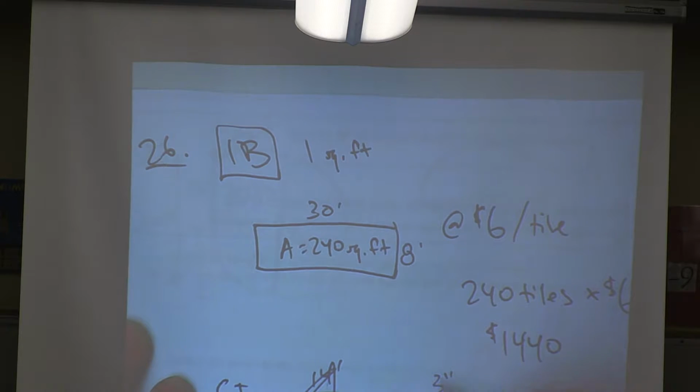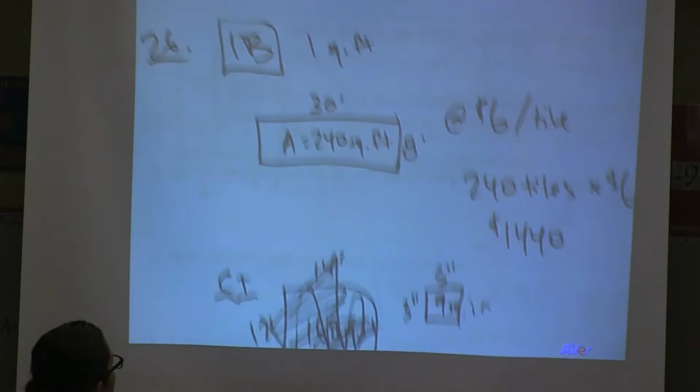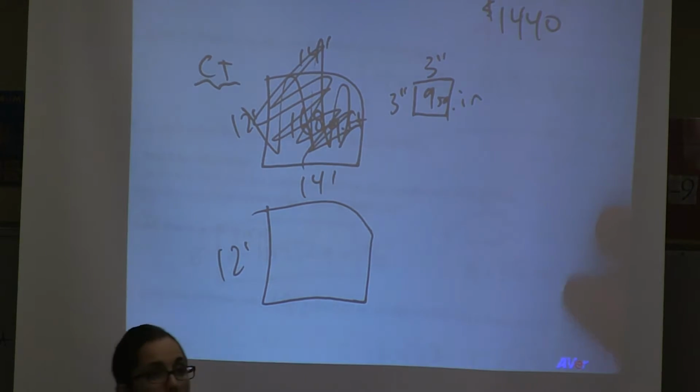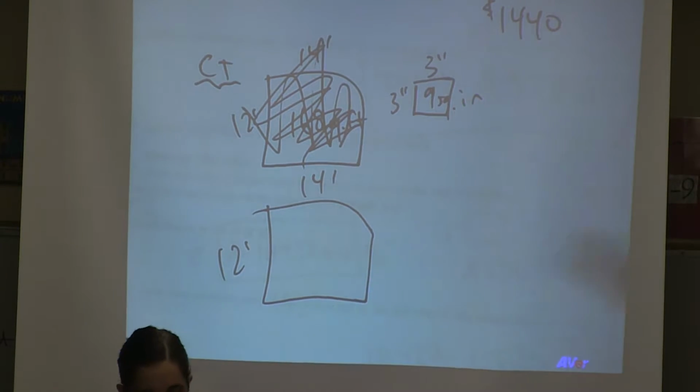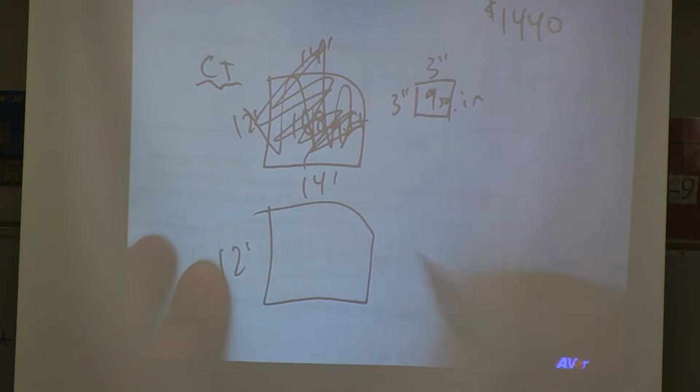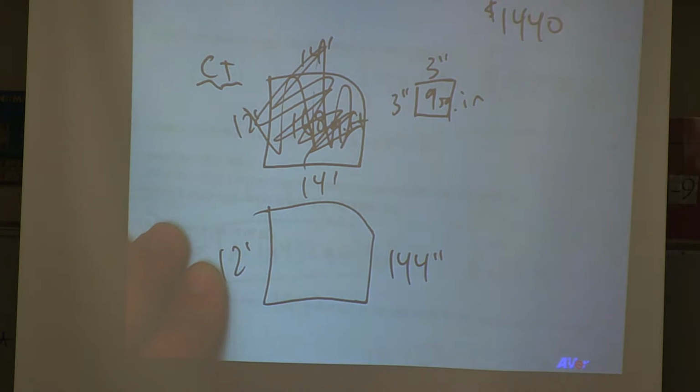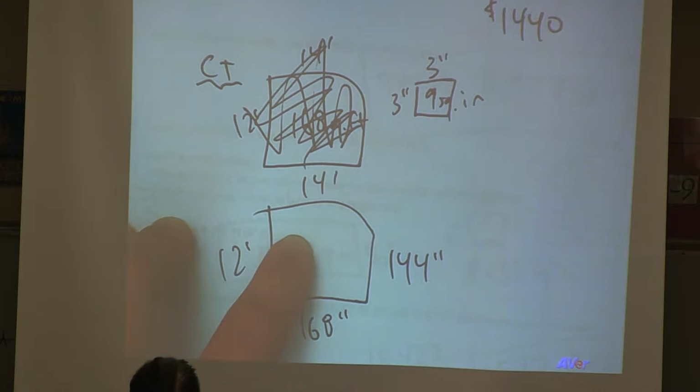She's going to use 3-inch square tile, which covers 9 square inches. So we're going to do the same thing that we did in the last problem and turn these into inches, so 12 feet is 144 inches and this one is 168 inches. I would find the area in square inches.